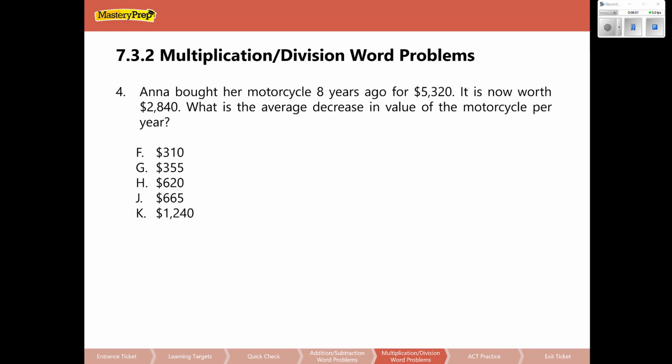Here, Anna bought herself a motorcycle 8 years ago for $5,320. It is now worth $2,840. So we can say 5,320 minus 2,840, which is 2,480, and then we'll divide it by 8.